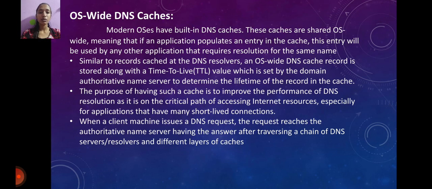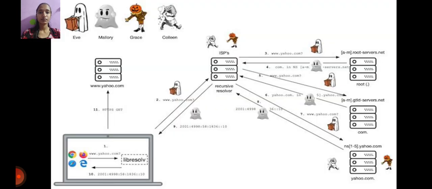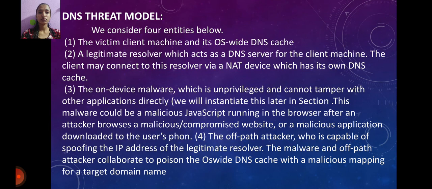When a client machine issues a DNS request, the request reaches the authoritative name server, having the answer after traversing a chain of DNS servers or resolvers and different layers of caches. Before I explain the topic, this slide is an example for the topic I explained before.